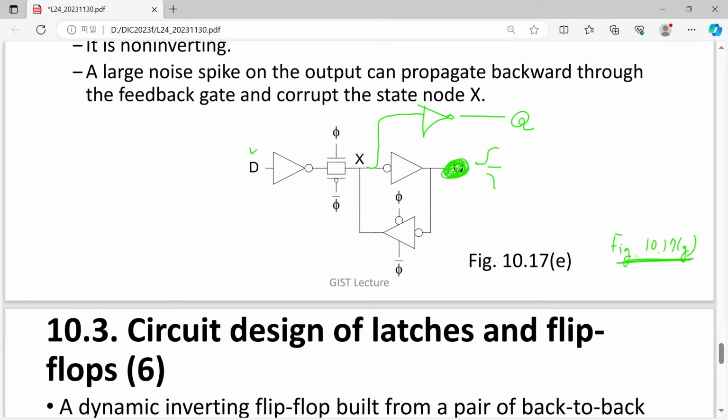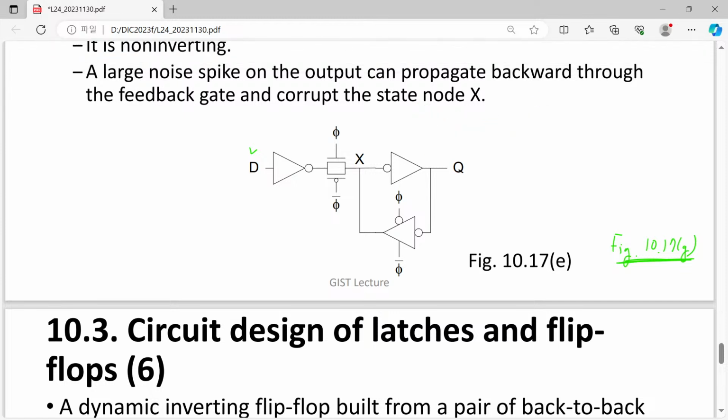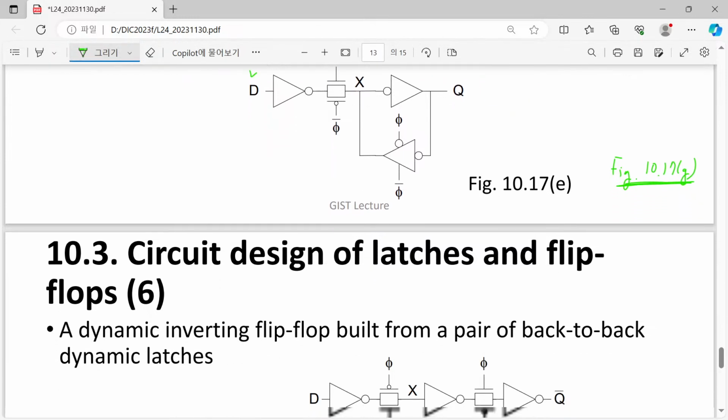So we want to avoid it, and instead make a special route to be used for the output. In this case, we have only unidirectional flow of a signal. The output signal Q cannot make any disturbance on our X signal.